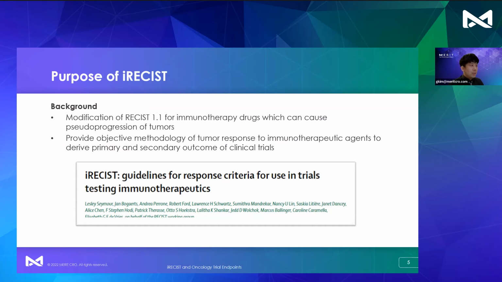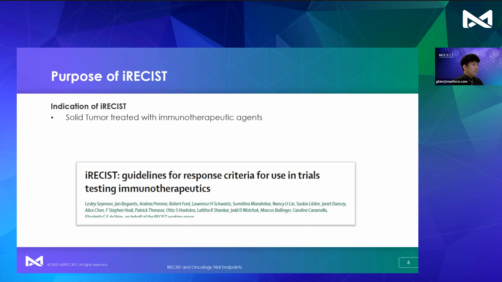It provides an objective methodology to assess the tumor responses to the medication or the investigational drug being used for clinical trials. The indication would again be the same as RECIST 1.1. It is a solid tumor, but treated with immunotherapeutic agents.